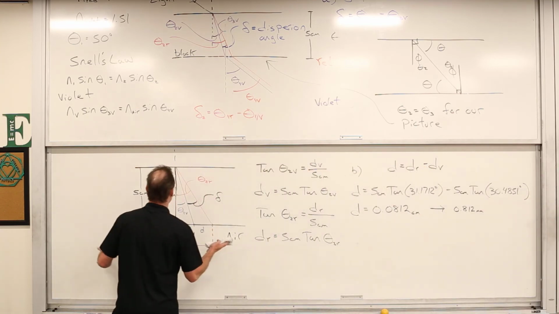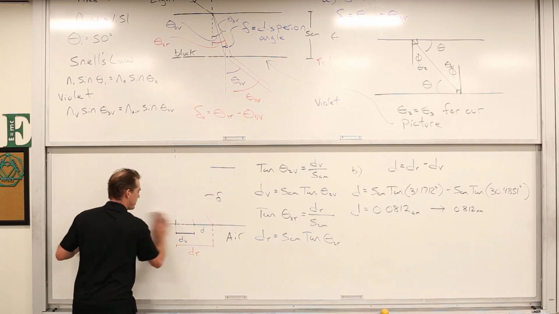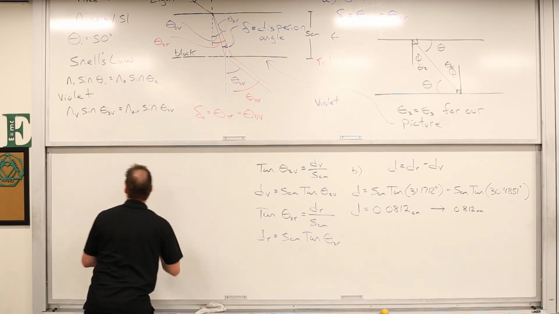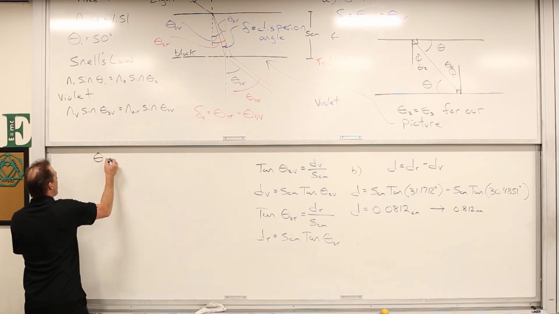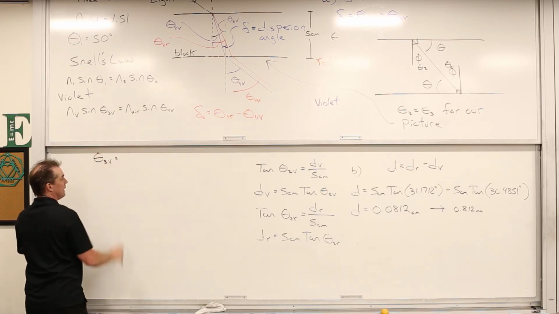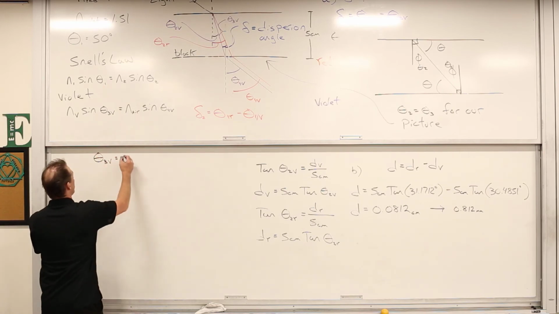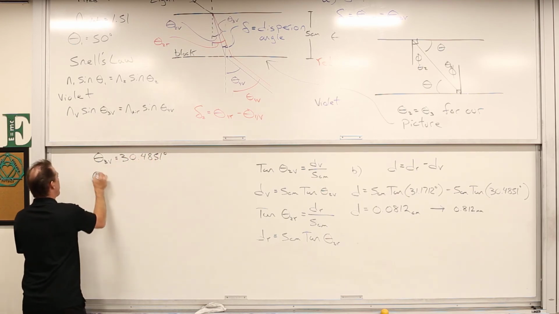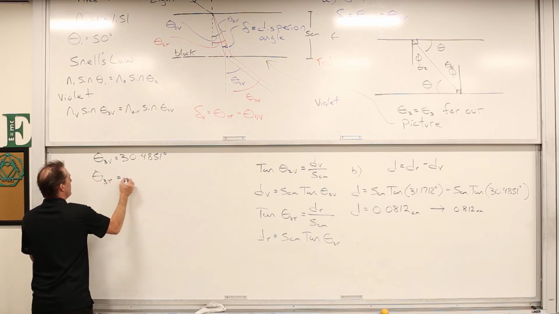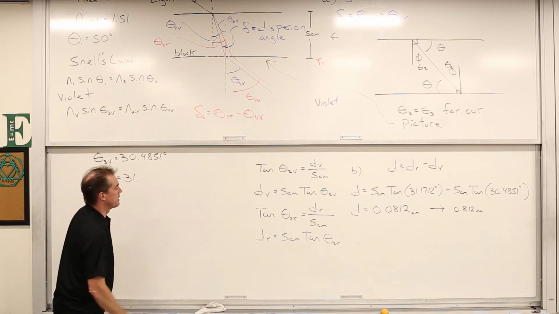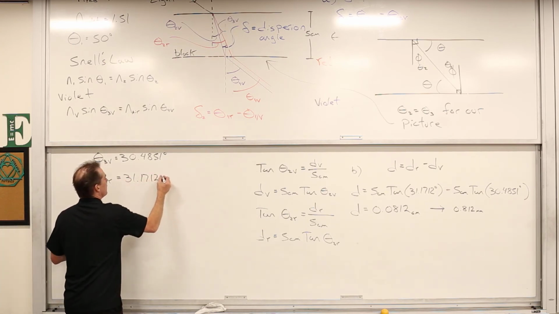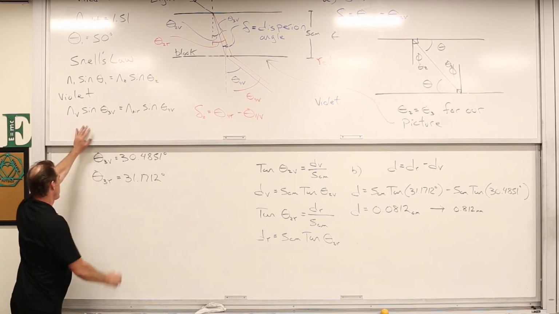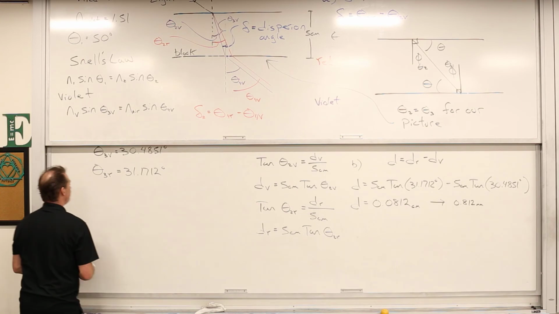So I'm going to erase this. Just note, theta 3 violet is equal to 30.4851 and theta 3 red is 31.1712 degrees. There we go. We can go ahead and use this.